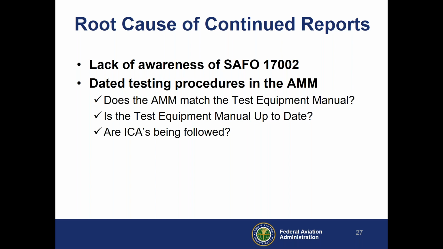And a lot of equipment has been installed by STC. Every supplemental type certificate has instructions for continued airworthiness that have to be followed. They need to be incorporated into the maintenance of the aircraft. And so another question is, are the ICAs that are part of that STC being followed?